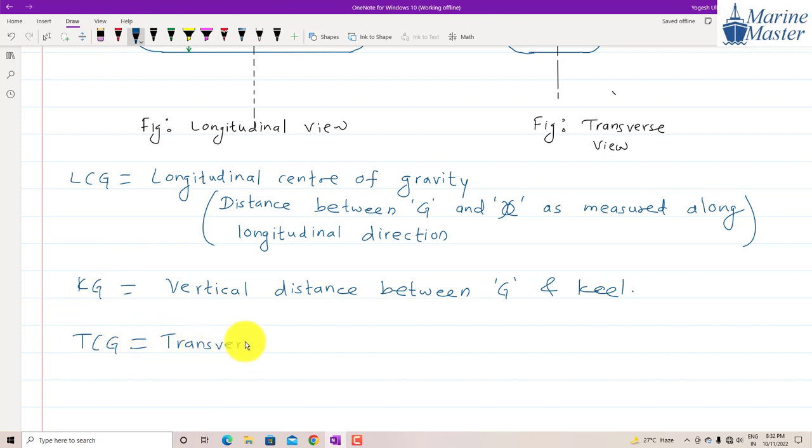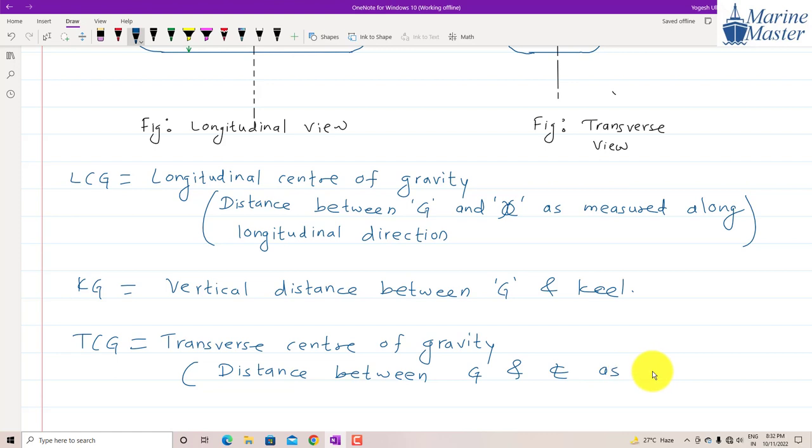TCG means transverse center of gravity, and it is the distance between G and center line as measured along the transverse direction.